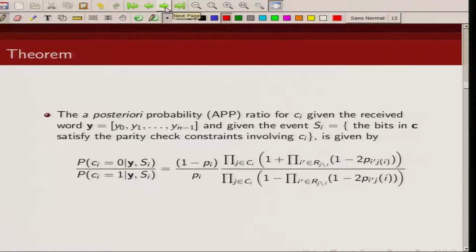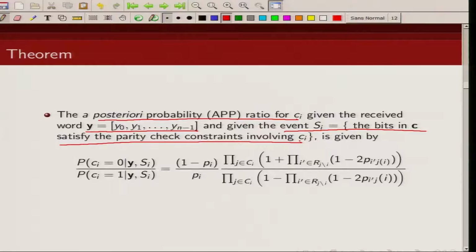So, then we can write down the expression for a posteriori probability of our code bit Ci given our received sequence is Y and given that the parity check constraints containing Ci has been satisfied. So, what is the probability of Ci being 0 given a received sequence Y and given that the parity check constraint involving Ci has been satisfied?